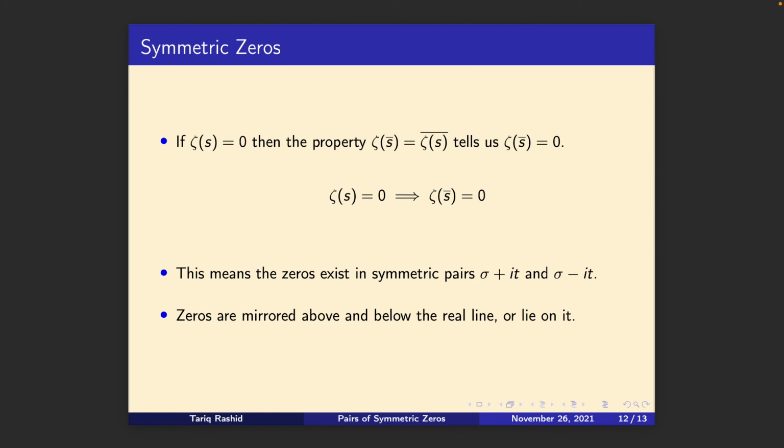Now that is quite a nice insight. We already know there are no zeros to the right of sigma equals 1. We know that because we've already explored that question. We saw empirically what looked like zeros when we extended the function. Now, this property of analytic continuation tells us that wherever we can extend the Riemann zeta function, this property will hold. So wherever we can extend, let me repeat that, it's important. Wherever we can extend the Riemann zeta function analytically, then if there are zeros, they will exist in symmetric pairs.